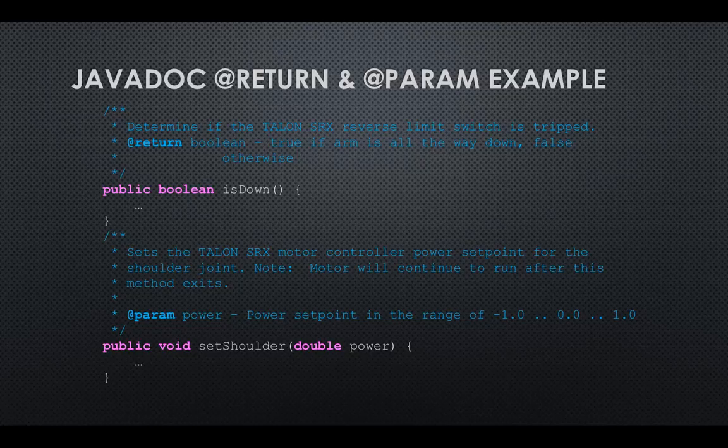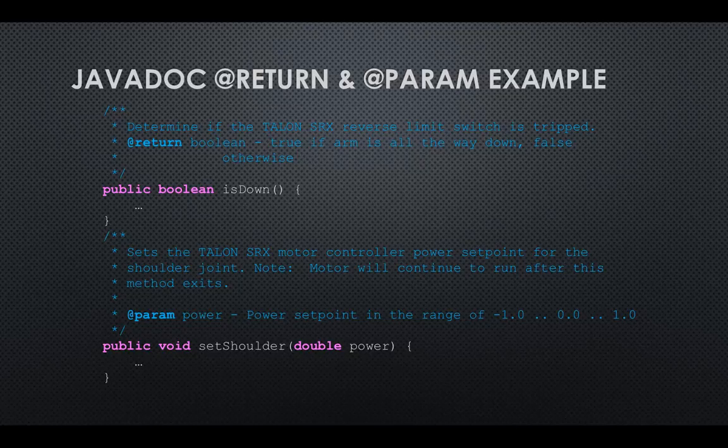For @param, I have a method setShoulder that takes a parameter power. So my comment is, sets the Talon SRX motor controller power set point for the shoulder joint. Note, motor will continue to run after this method exits. So when this method is invoked, it turns on the motor and then it exits the method.